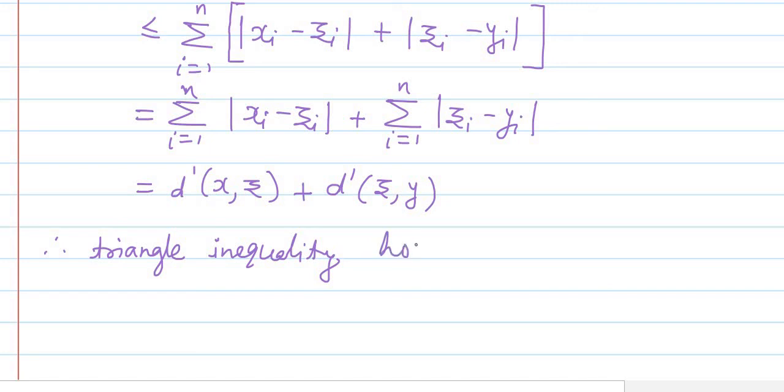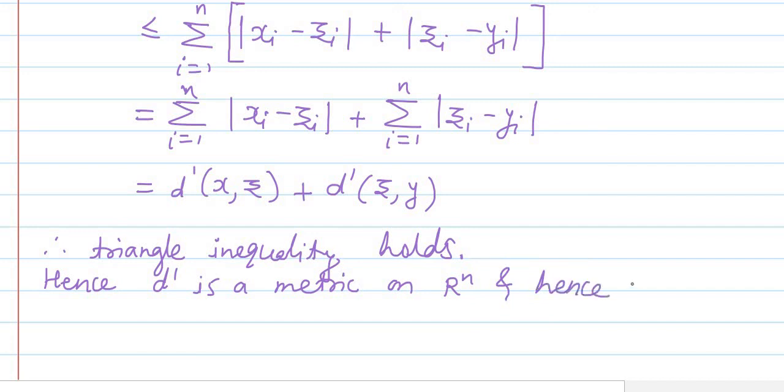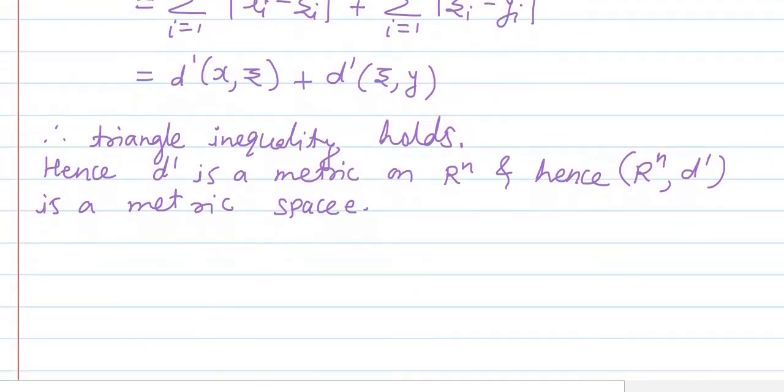Hence d dash is a metric on R raised to n, and hence this ordered pair R raised to n comma d dash is a metric space. So like such we have proved that this one is a metric space.